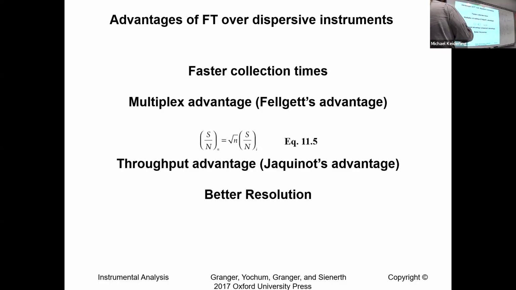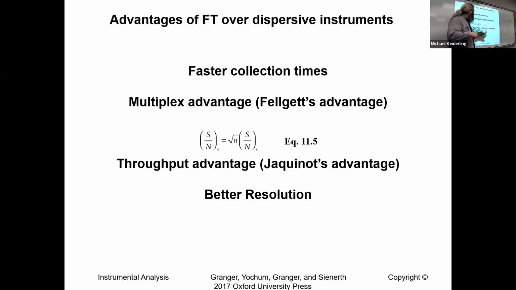You get a faster collection time. You have the multiplex advantage, that you can take lots of measurements and average them to get better signal to noise ratio.